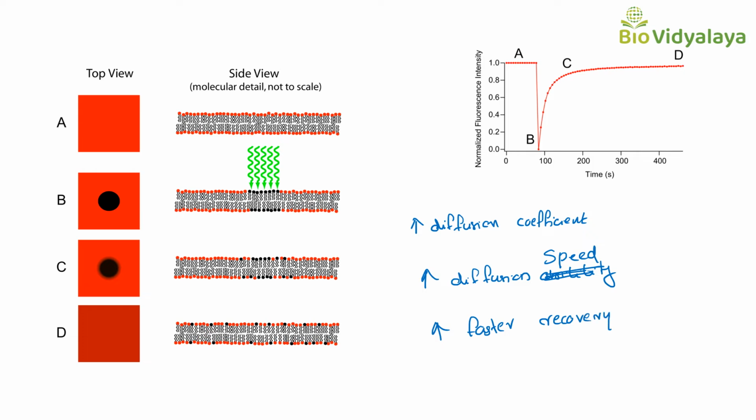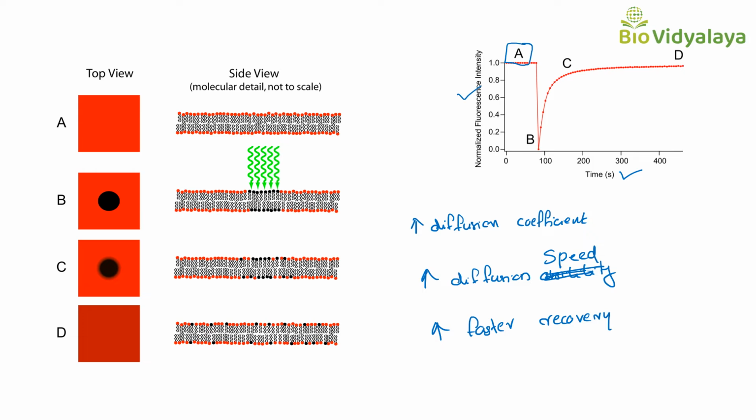See this graph. Here you can see that on the y-axis fluorescent intensity is given, and on the x-axis time is given. And here A means when we tag the bilayer with the fluorescent molecule, the fluorescent intensity is maximum.